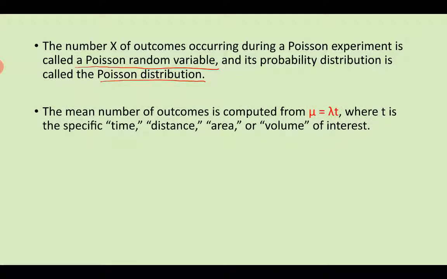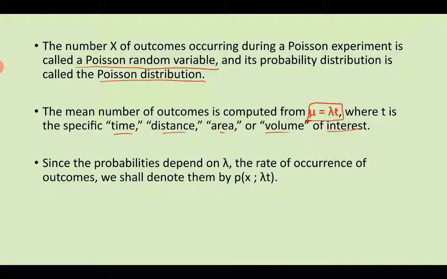So its mass function we are going to see. The mean number of outcomes is computed from lambda times t, where lambda is the parameter for average, and t is the time parameter, where t is time, distance, area, or volume of interest. Mostly it will be time. It will be in all our problems. T will be 1 unit, either 1 hour, 1 second, 1 millisecond, 1 day, 1 month, 1 year.